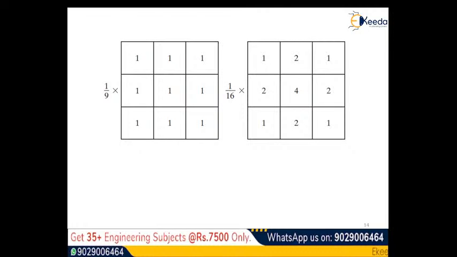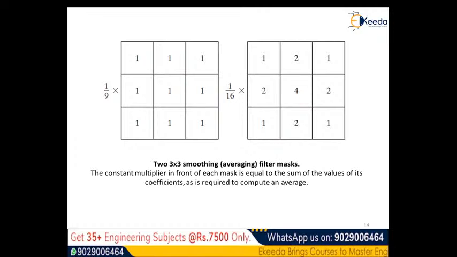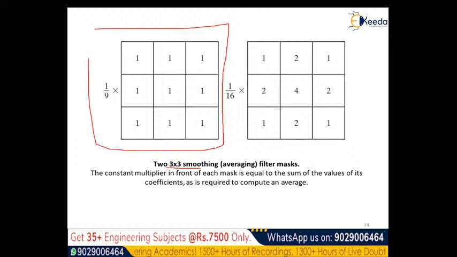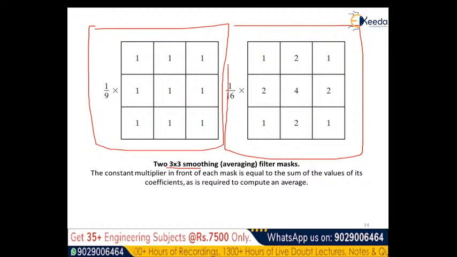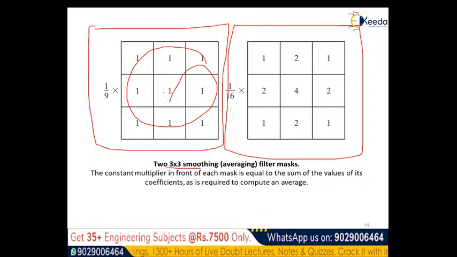Now what exactly is the type of mask that we are going to use for the smoothing spatial filters is well represented with the help of this particular diagram here. Here you can see the 3 by 3 order smoothing filter mask here. We have two masks or two filters you can see here. For averaging purposes, whatever the filter coefficients we have, the summation of all of these comes to be 9.